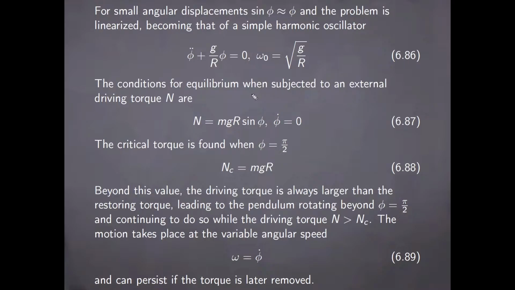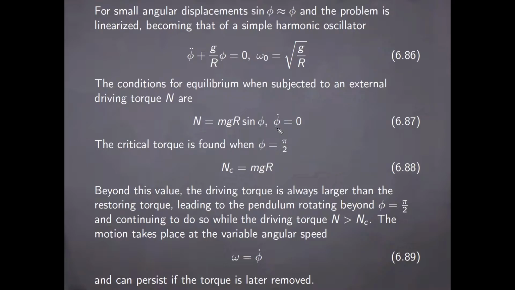Now, if we apply an external driving torque, the conditions for equilibrium are as follows. The external driving torque has to be equal in magnitude to the gravitational torque, and the angular velocity of the pendulum has to vanish.